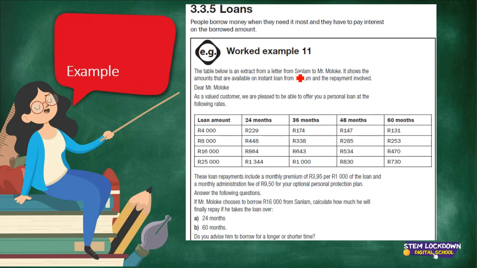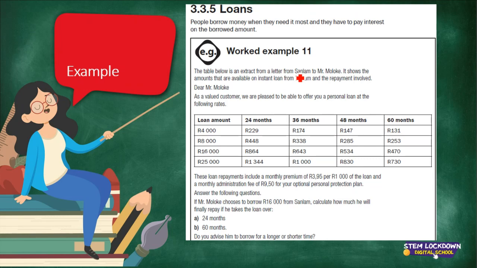Your interest will be your total amount payable, which was 20,736, minus the initial amount borrowed. How much money did he borrow? He borrowed 16,000.